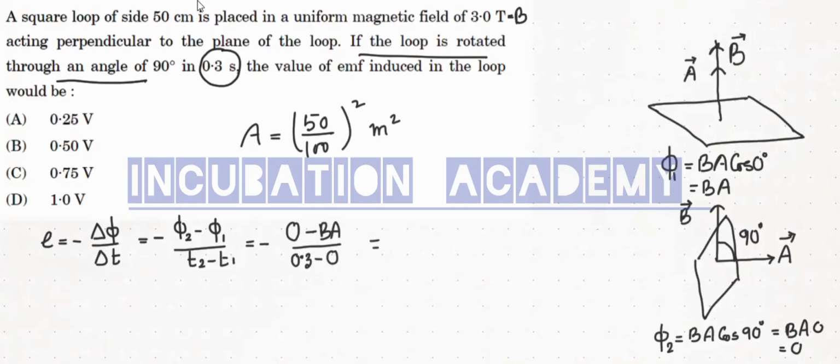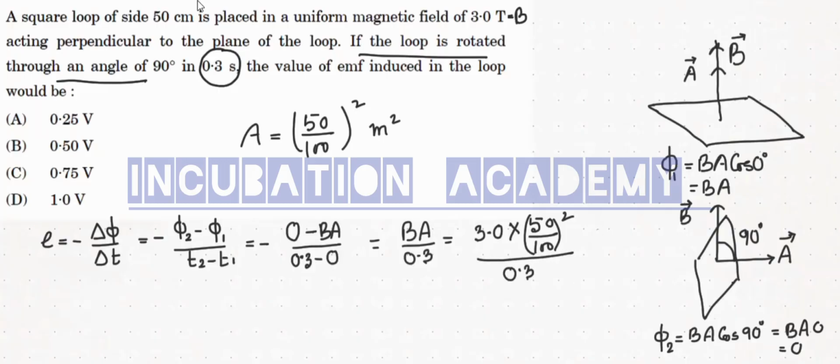It is BA, and minus minus becomes plus, divided by 0.3, the time. B is 3.0, that is simply 3, and the area is 50 divided by 100 whole square, divided by 0.3.